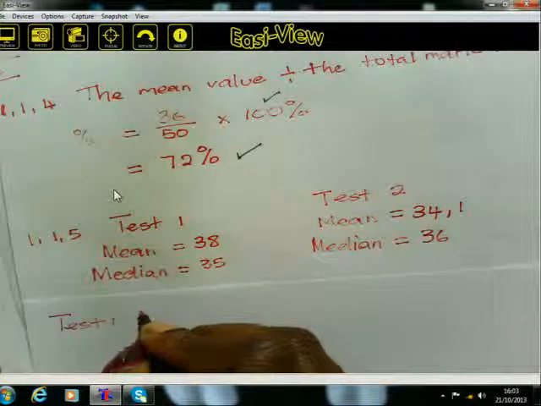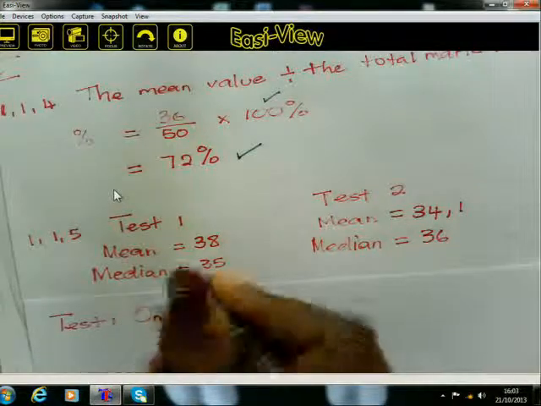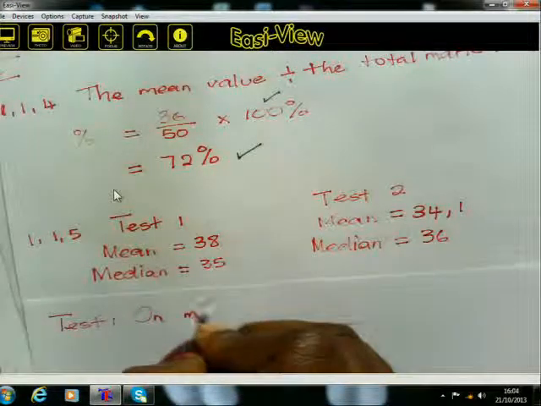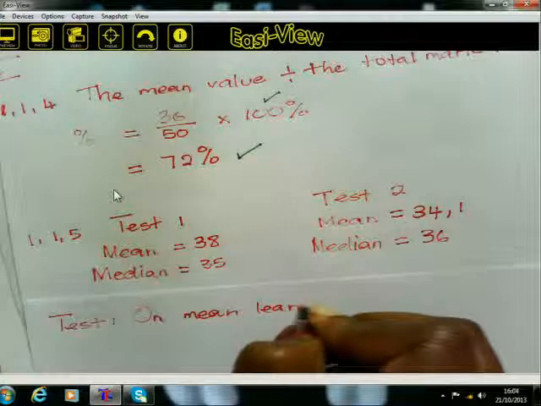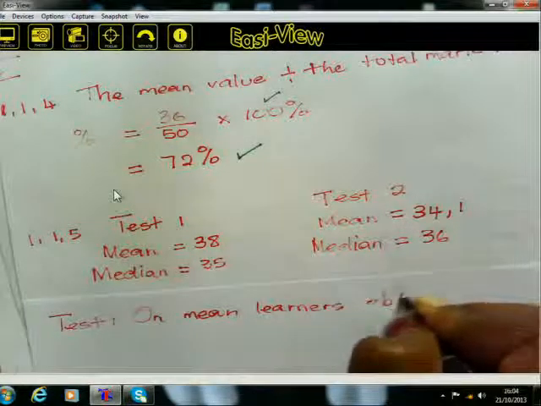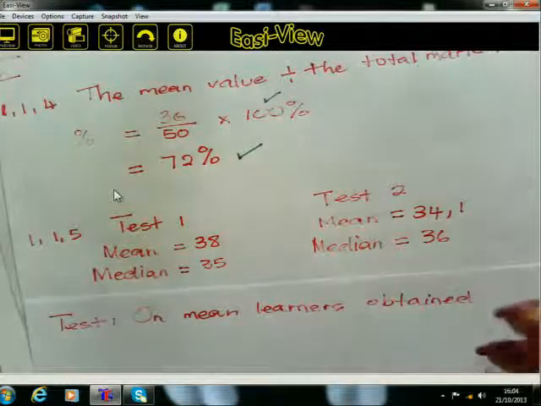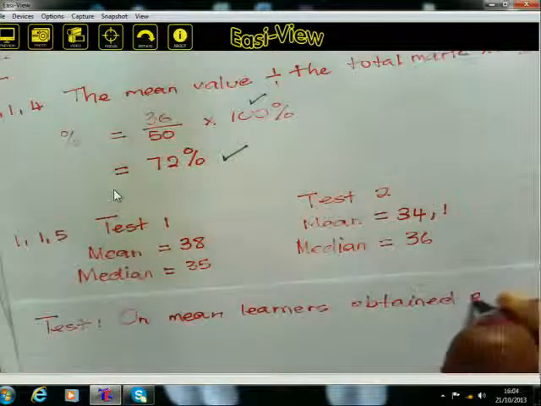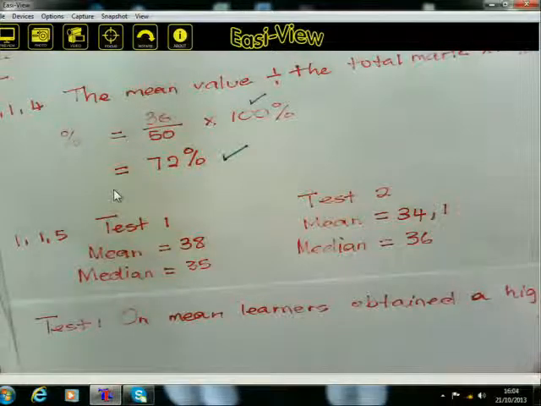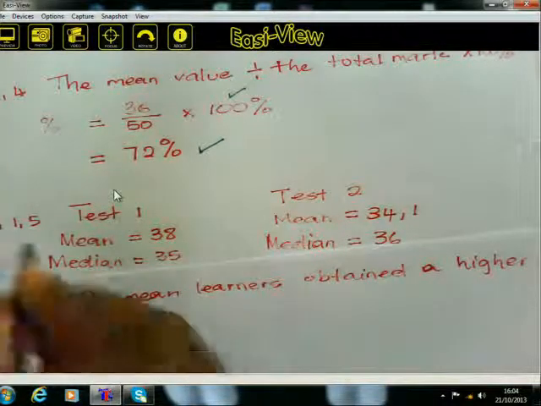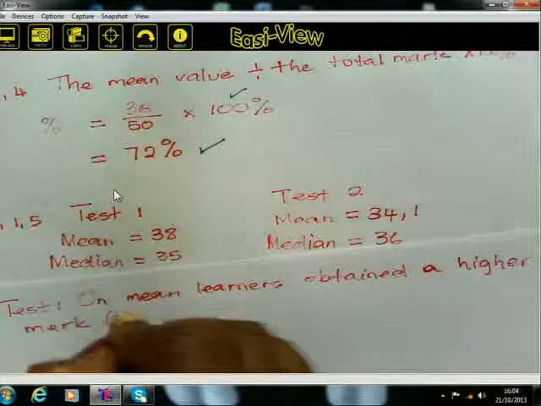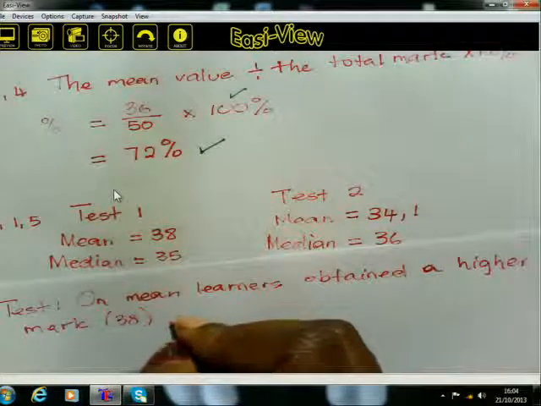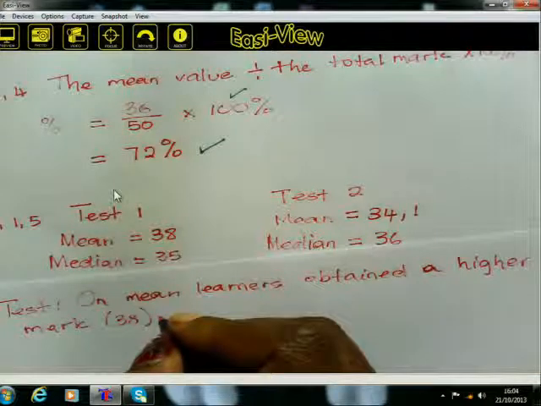So we can write it by saying on mean or average, learners obtained a higher mark, which is 38, as opposed to 34,1 of test 2.